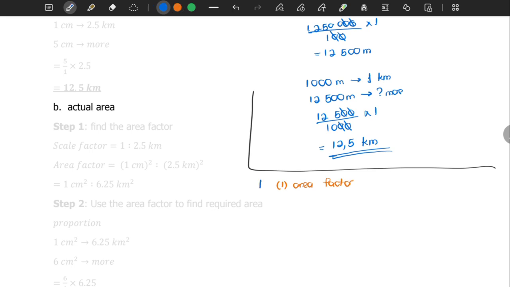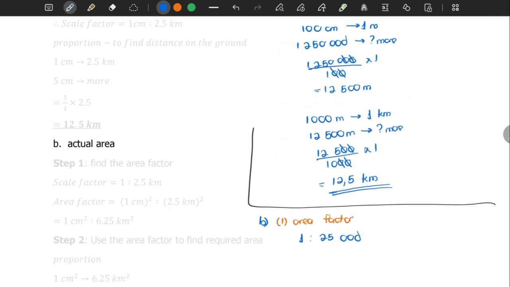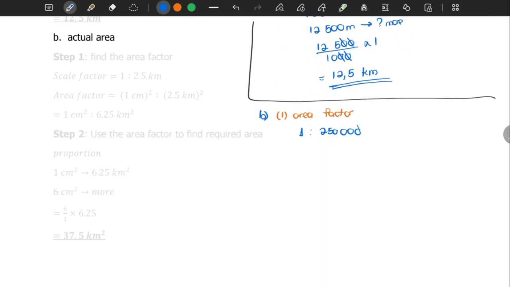So this is now for part B. So for example, we know that 1 represents 250,000, right? Which was the same as 1 centimeter represents 2.5 kilometers if we change to kilometers.